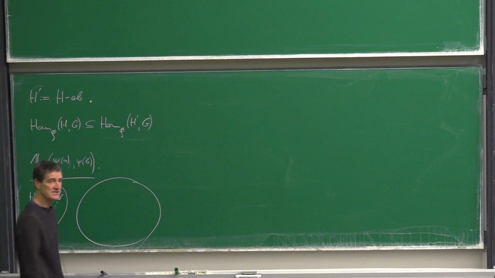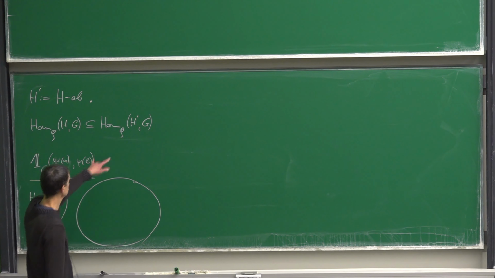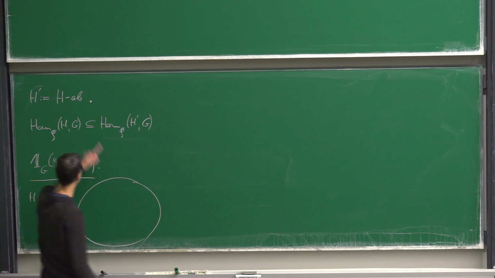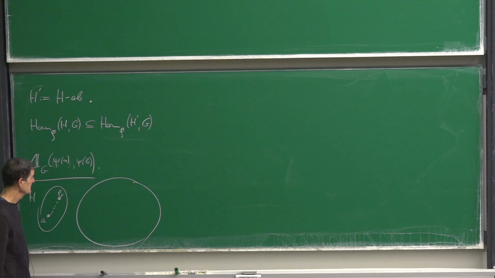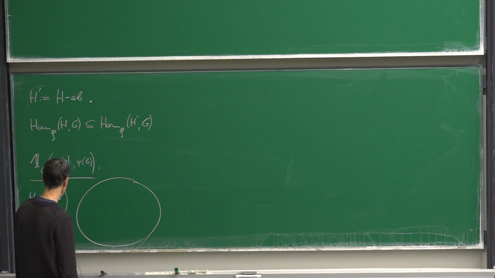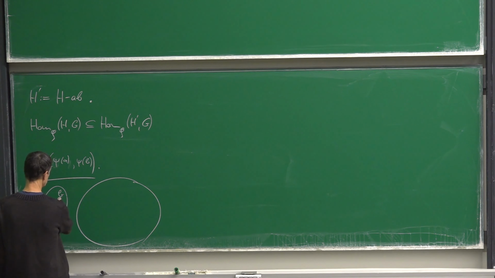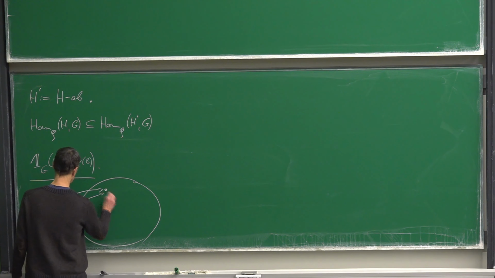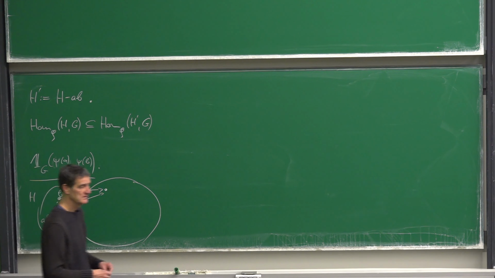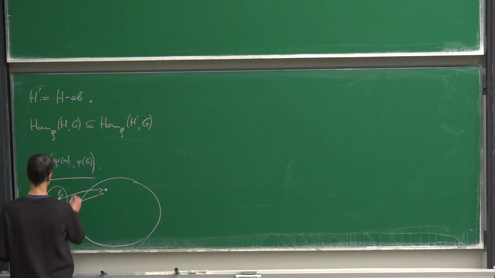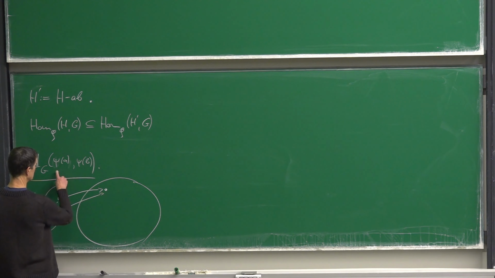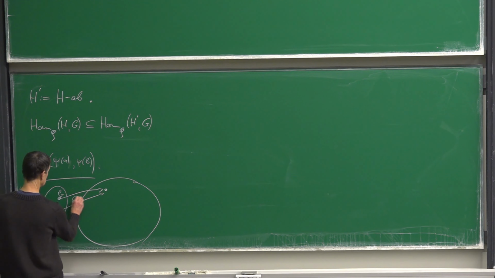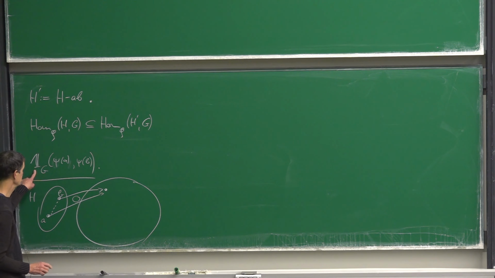And the various psis, homomorphisms from H prime, so H minus that edge, to G, they can do various things with these two vertices. For example, they could map them to the same vertex. So such a thing would get 0 in this count here. So for this psi, this is going to be 0.